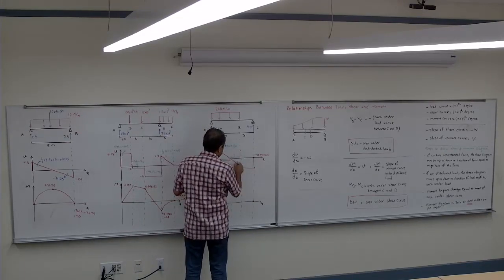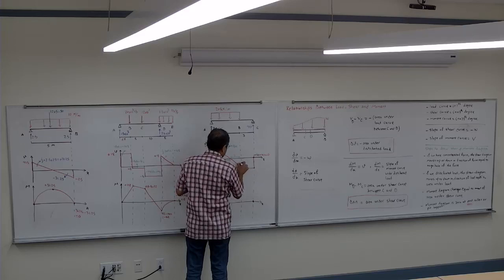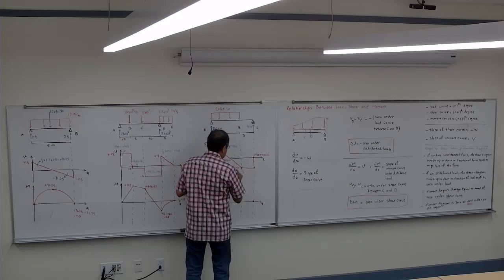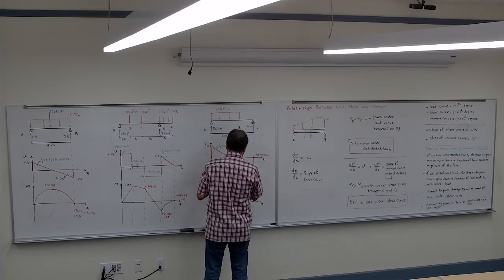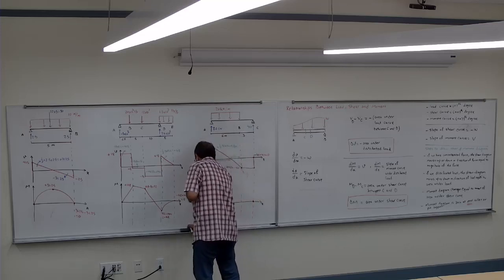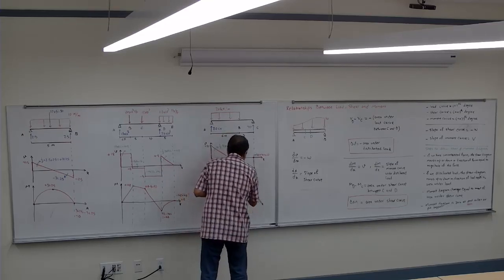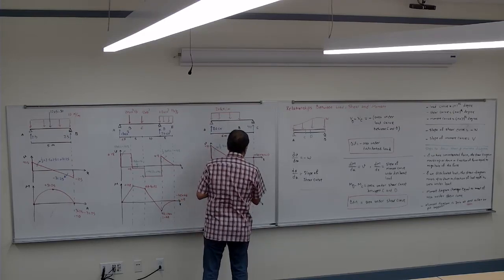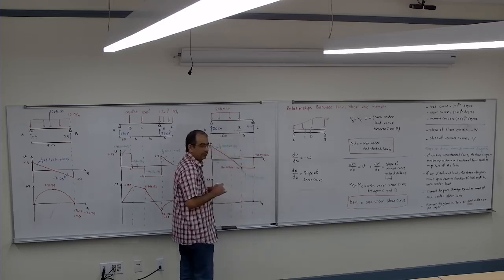And down here, how much is that? 40. So this area is going to be negative half of, half of negative 40 times 2, which is negative 40, correct?